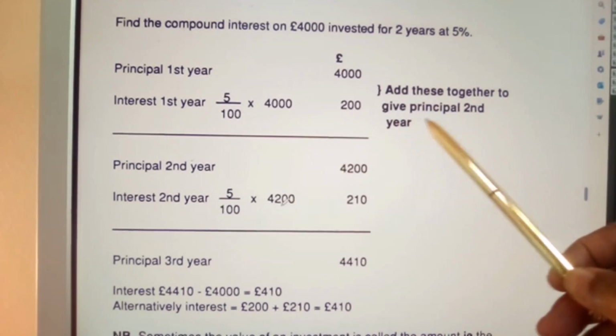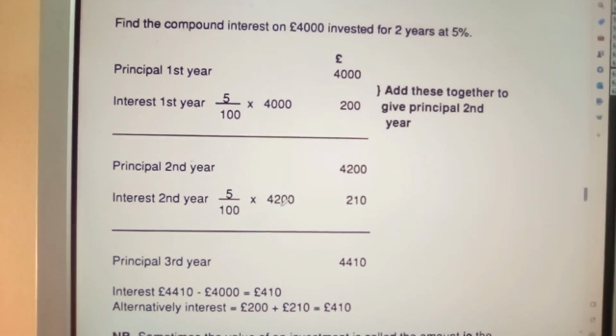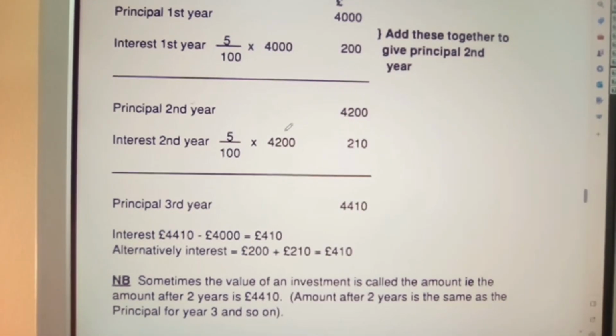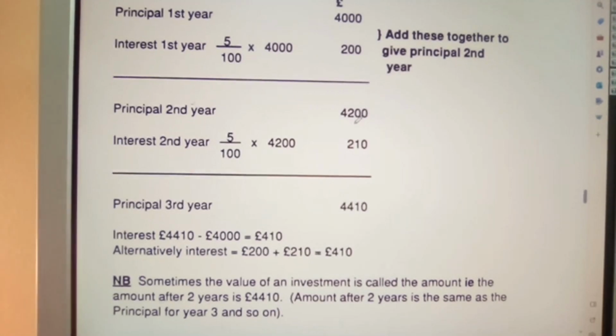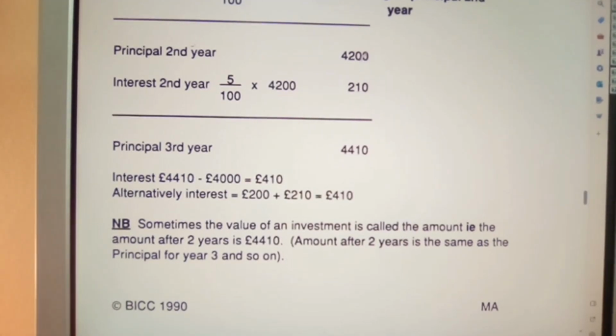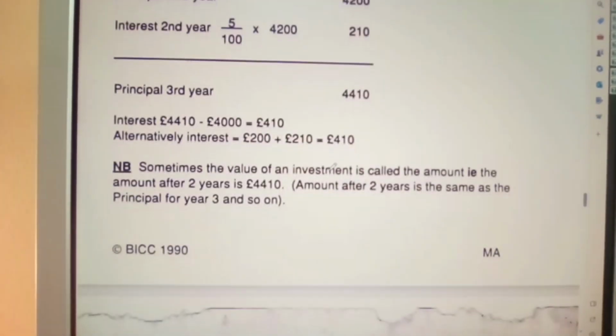Add these together to give the principal for the second year, £4,200. So again, you're now adding that has gained additional interest, so you're putting interest on the interest. Principal third year and so forth.